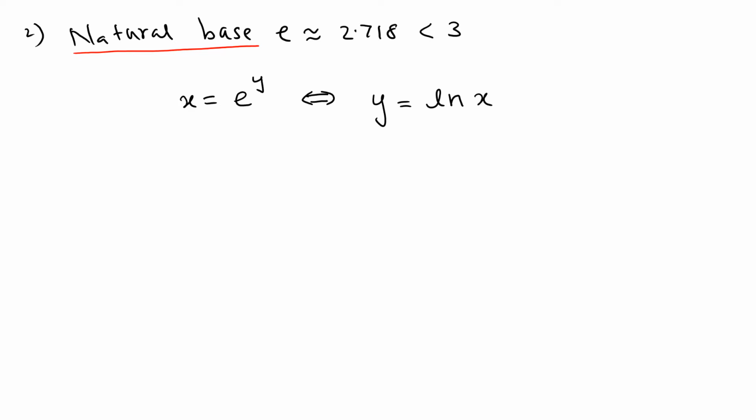We do not write the base in this case. So what this means is ln x means log base e of x, but we do not write e, so we just write ln x. So that's a special situation when we have the base e.